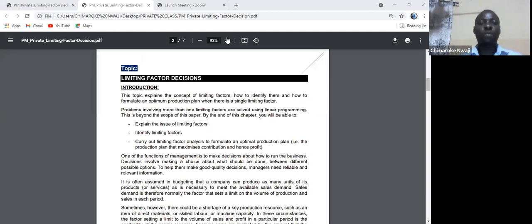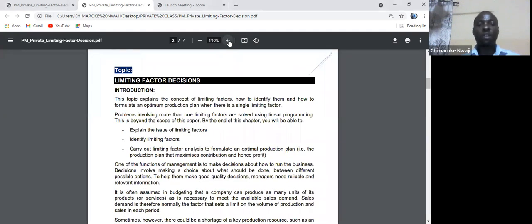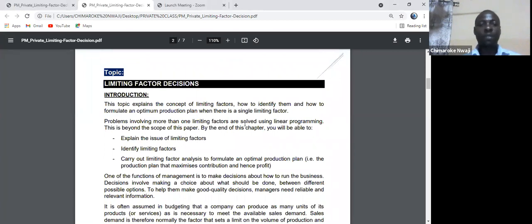Now, when you want to use this limiting factor decision-making theory, there are certain things you have to bear in mind. First of all, the problem that this decision-making technique aims to solve is a problem involving just one limiting factor affecting the company or the firm at a given time.